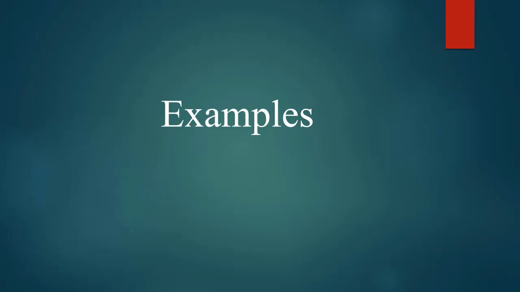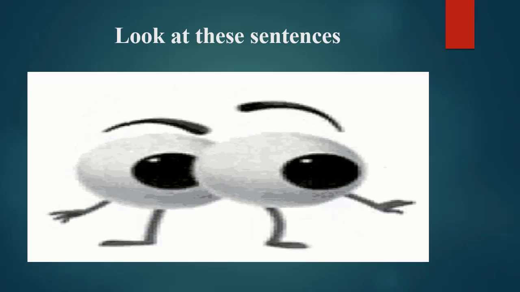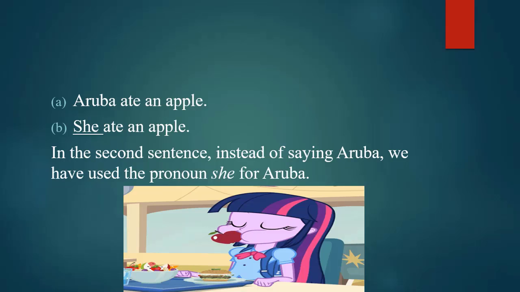Let's see the examples of pronouns for further understanding. Look at these sentences. Our first sentence is Aruba ate an apple. She ate an apple. In the second sentence, instead of saying Aruba, we have used the pronoun she for Aruba as she is a girl.